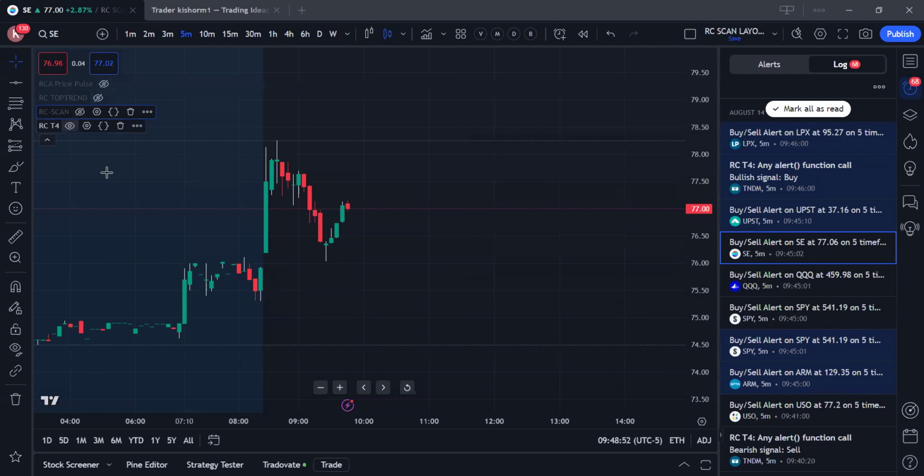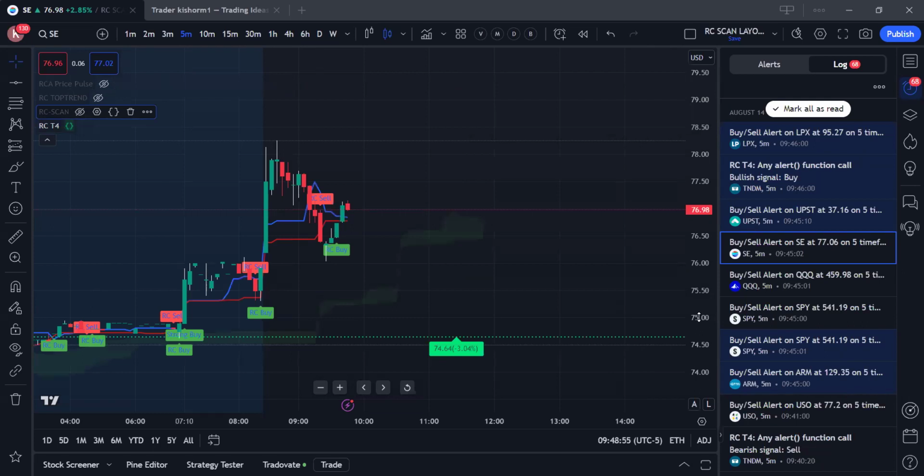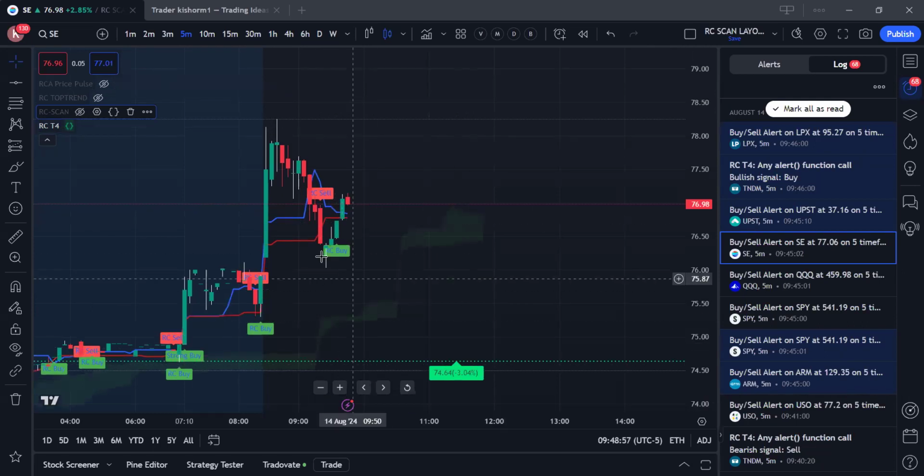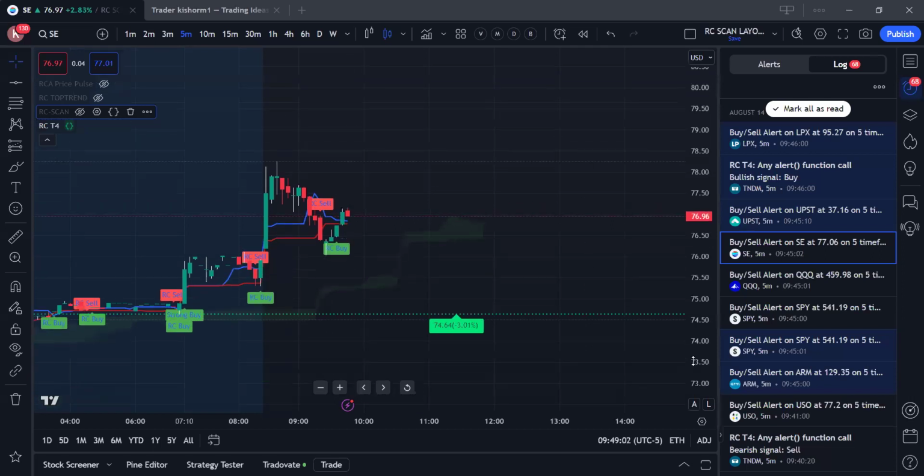Then T4, right? Your cloud is somewhere here. You got a buy above the cloud, which is a good opportunity. And your stop loss can be somewhere here, 74.6, right? Below the support. Because if it comes here, again, it can bounce back and go up.